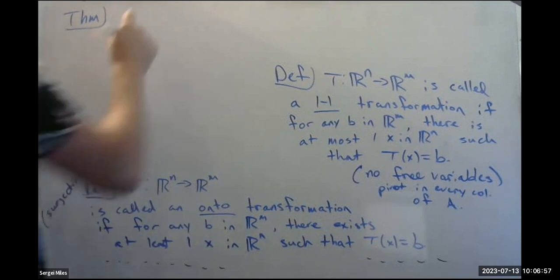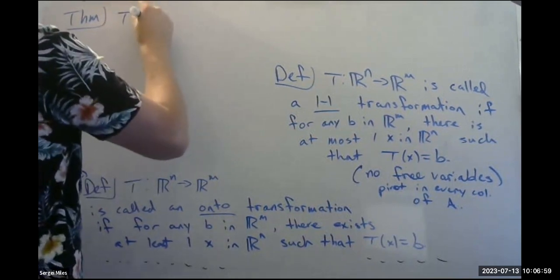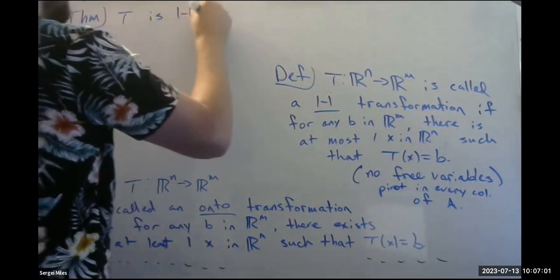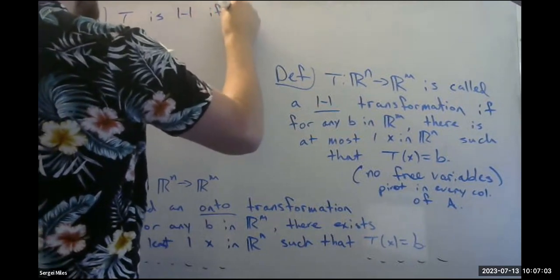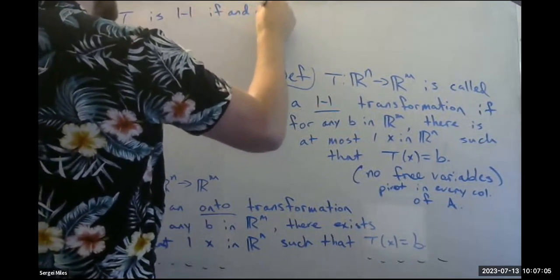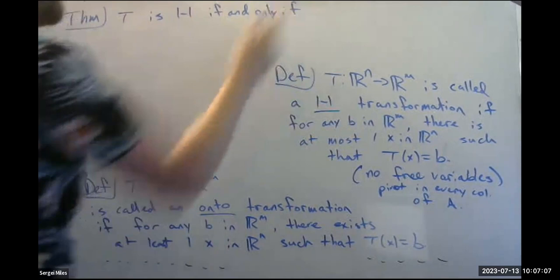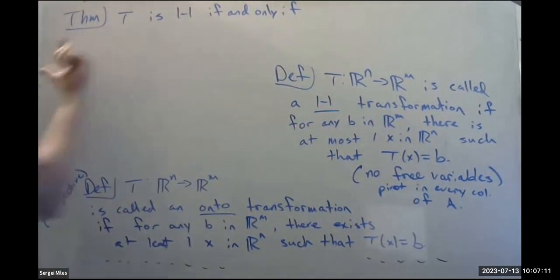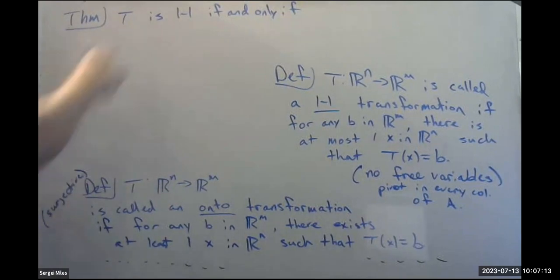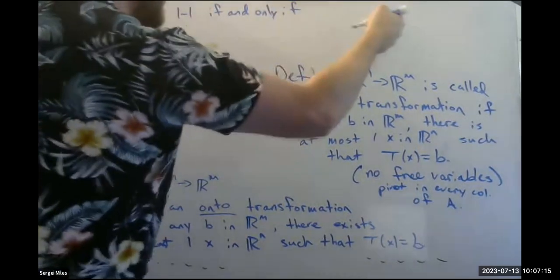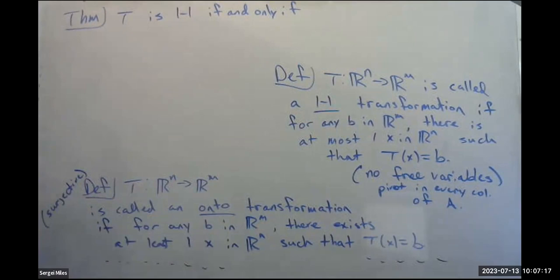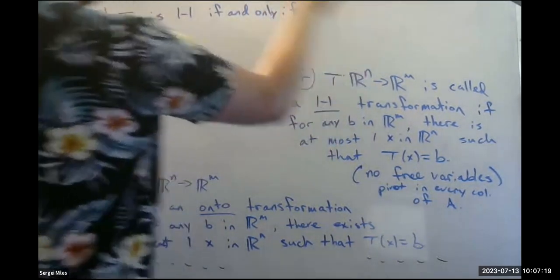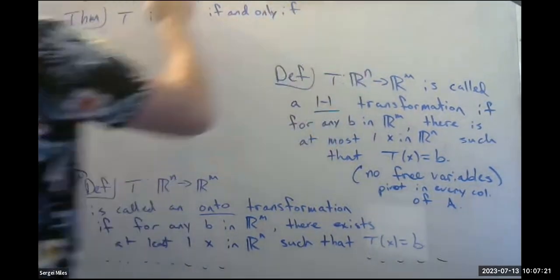So T is one-to-one if and only if. Recall this phrasing, if and only if, is just a fancy term for the implication goes both ways. T is one-to-one implies what I'm about to say, and what I'm about to say implies T is one-to-one.